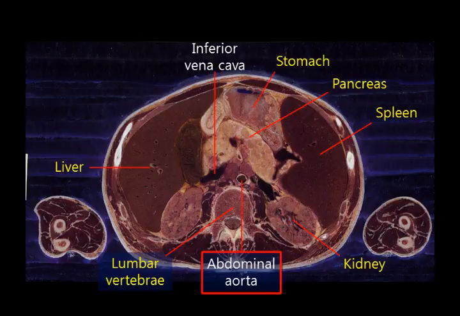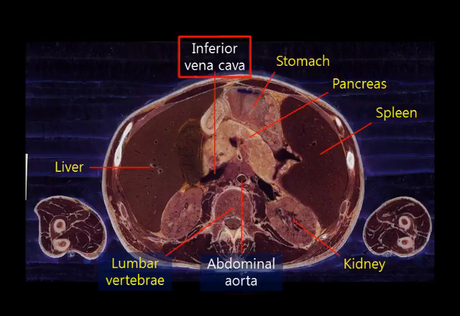These divisions should meet up again and go to the heart, right? So they gather up at the inferior vena cava and go to the heart. I will go up again so you can see the inferior vena cava.